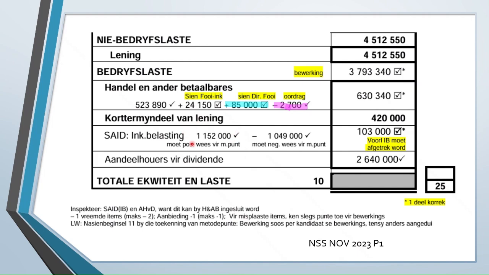So the total amount due minus the amount paid gives the amount due. And then the total amount for shareholders for dividends is shown as a current liability. Here, the 2.6 million. And alright, that is that.